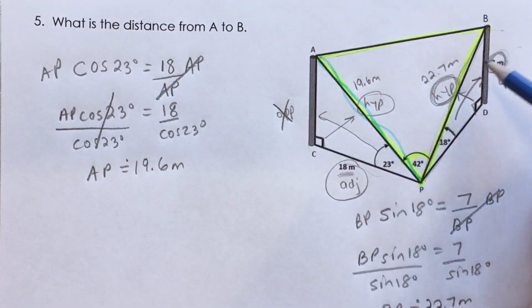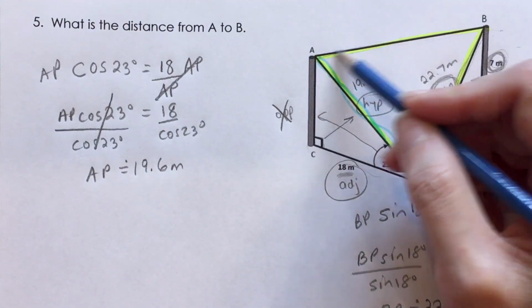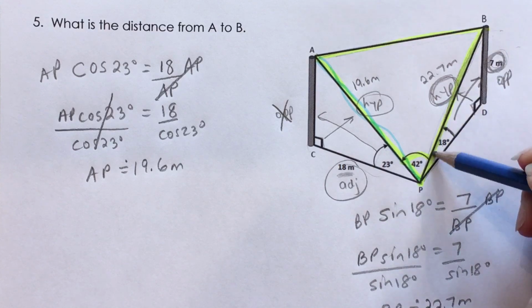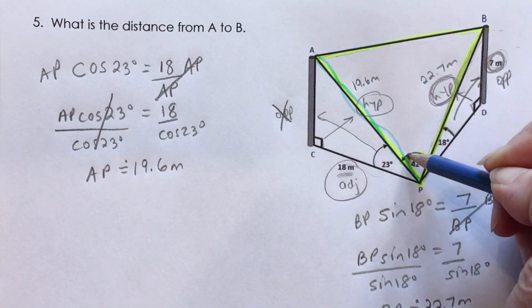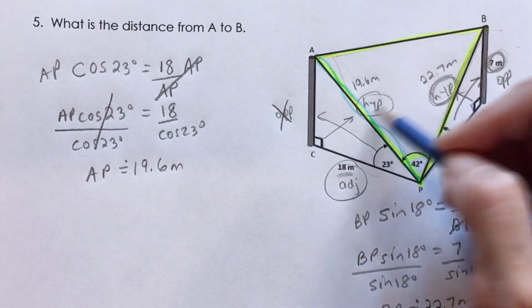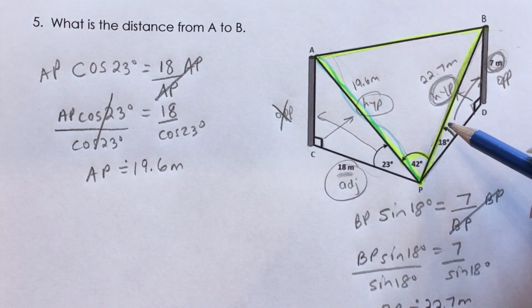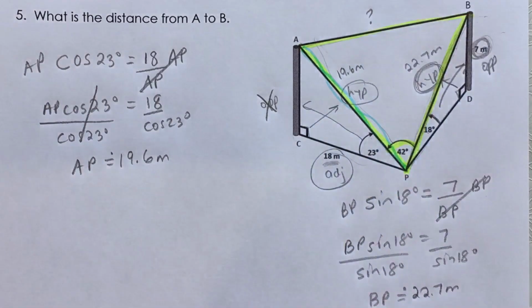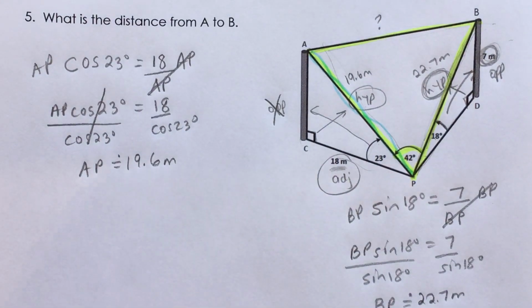So now we know for this triangle that's not a right angle triangle, ABP, we know this side, 22.7, 42, and 19.6. So two sides and the contained angle, which gives us enough information to use the cosine law to find the length of AB here that we need.